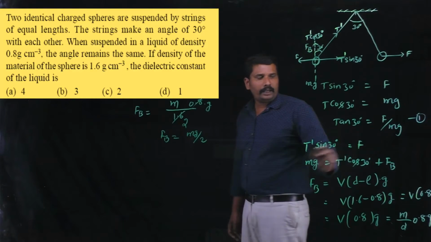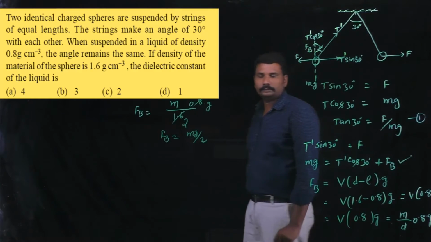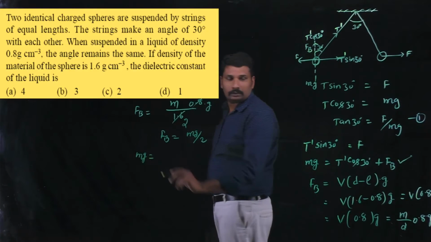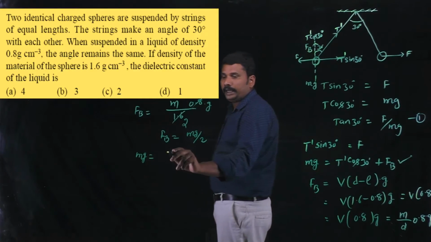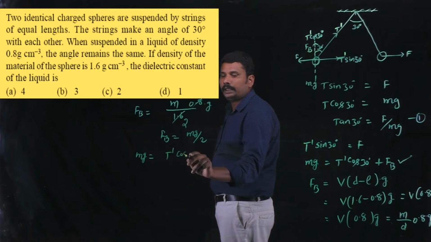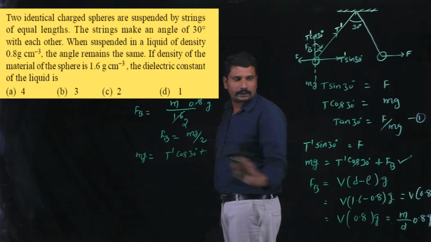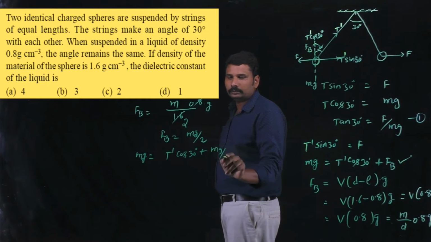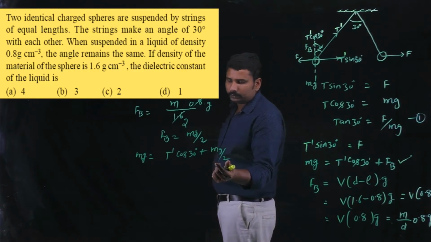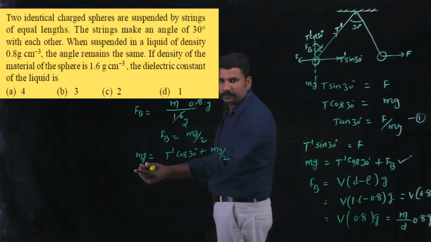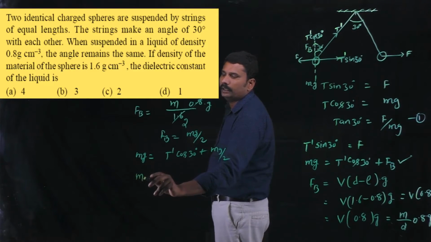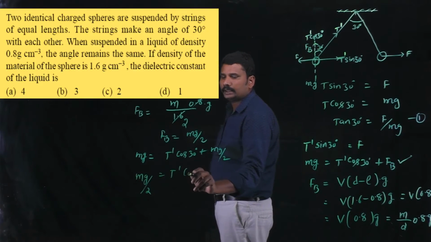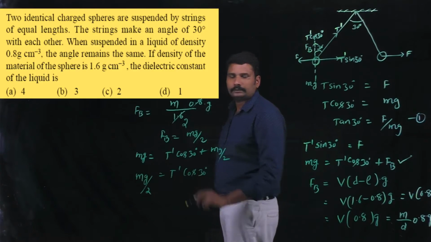By substituting the value of the buoyancy force in this equation, mg equals T dash cos 30 degrees plus buoyancy force. Finally, mg minus mg by 2, which is mg by 2, equals T dash cos 30 degrees.